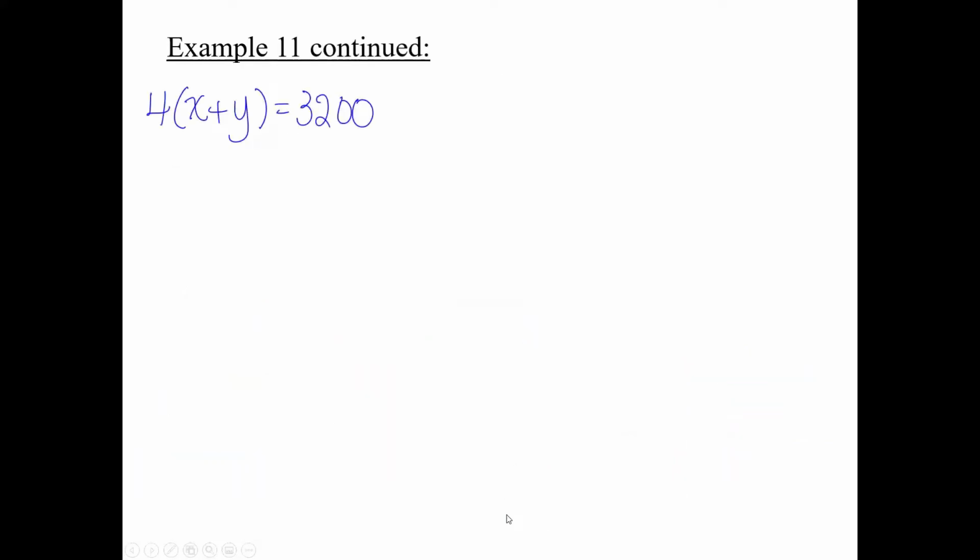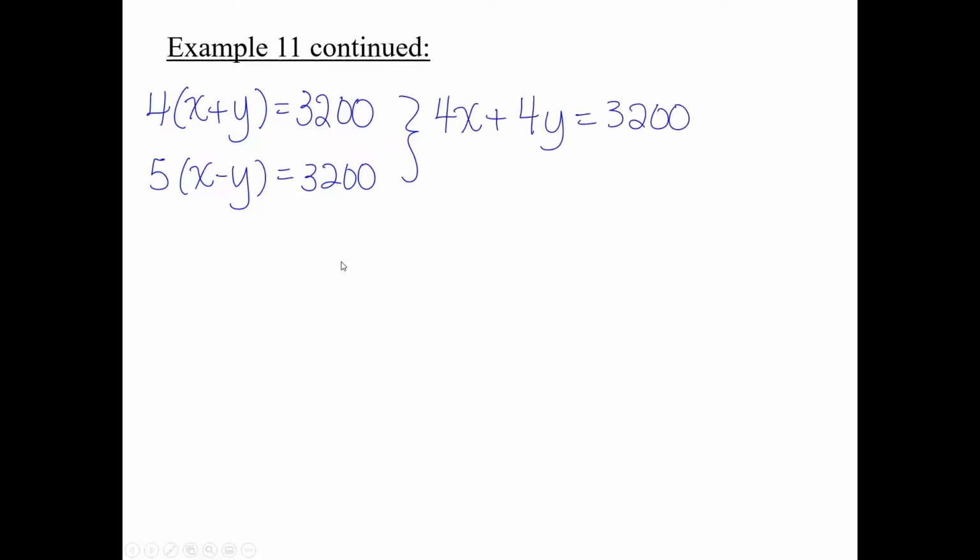So here we go. They're going to take the time times the speed equals the distance. Time times the speed equals the distance. These simplify when you distribute to these two values.